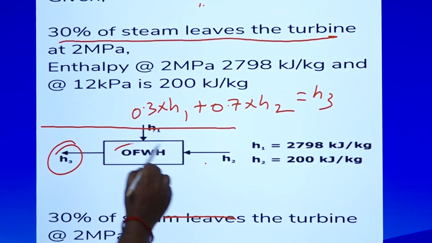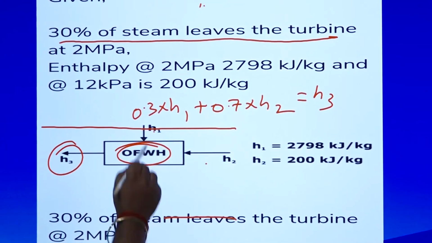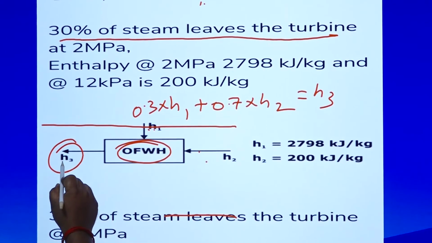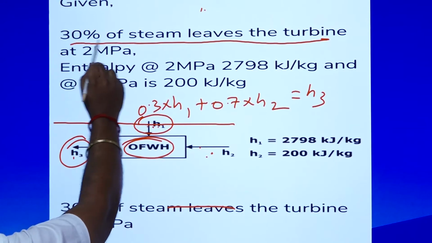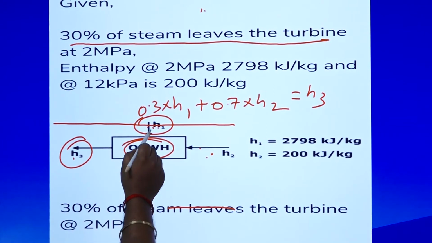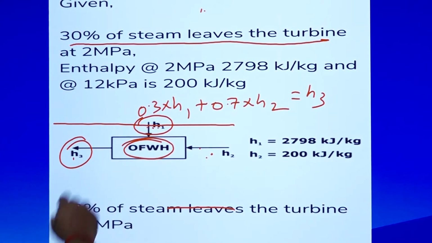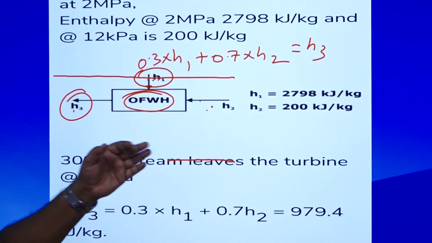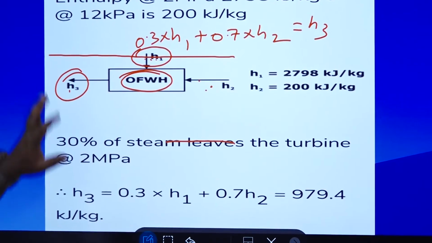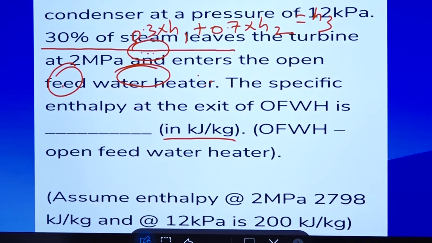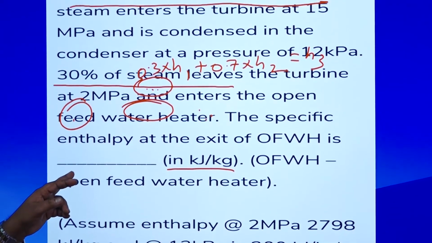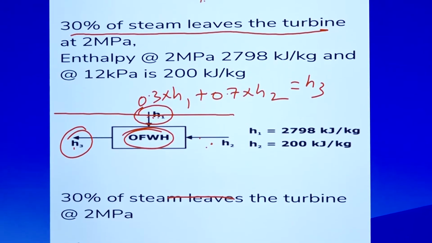So the sum of this is the open feed water heater exit. If you add these two, you will get the value of H3. A hint is given to you that only 30% of the steam leaves the turbine, so that is 0.3 into H1 and 0.7 of H2. So you will get the value of 979.4. This is the specific enthalpy at the exit of this OFWH.